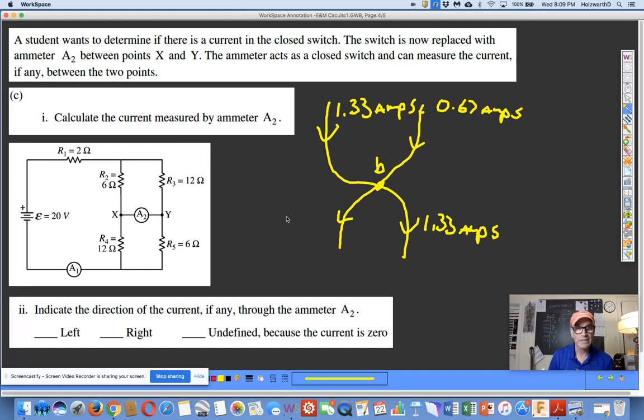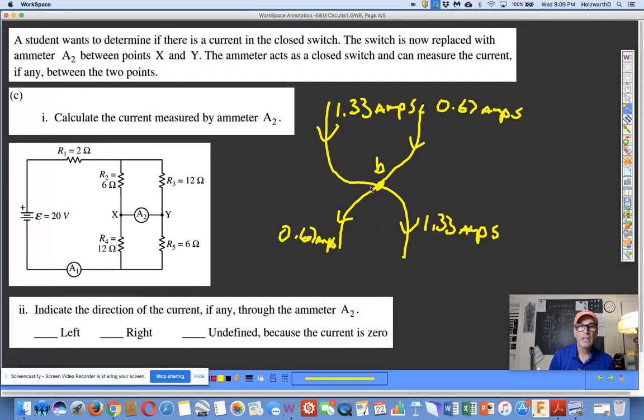Remember, current takes the path of least resistance. In one junction, out the other, and back through another set of resistors, 12 and 6, with more current taking the path of less resistance. So that's also 0.67.